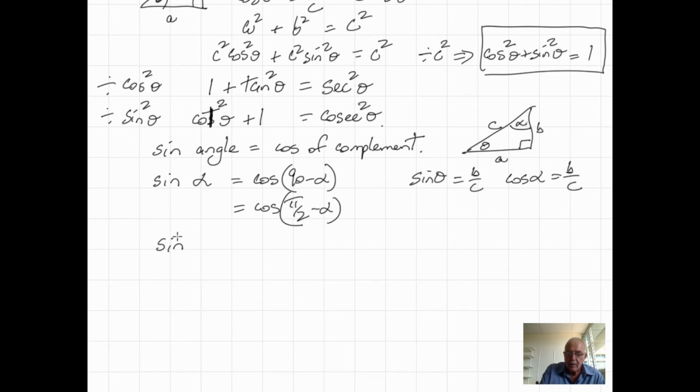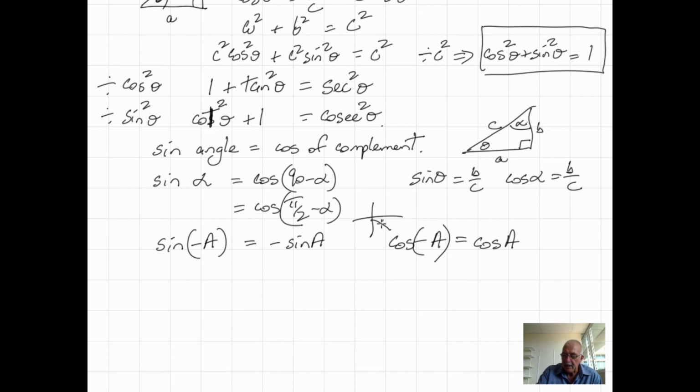Sine of minus A, from our unit circle and CAST, is in the fourth quadrant. So the sine of minus A, we know the answer is negative, so it'll be minus sine A, and the cos of minus A is equal to the cos of A. Clockwise is the negative direction for an angle, anti-clockwise is the positive.